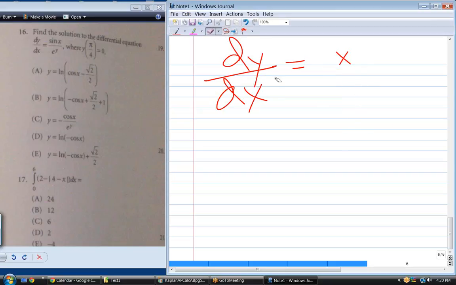But notice one thing. If I were to make it like that, I cannot separate the variables any longer. You see why? There's no way to get y on the left and x on the right. Right.